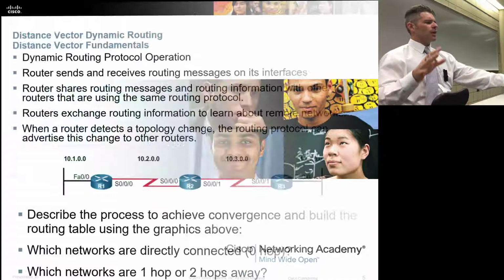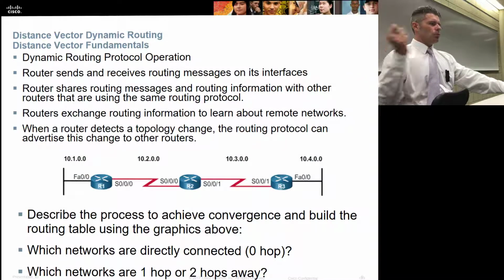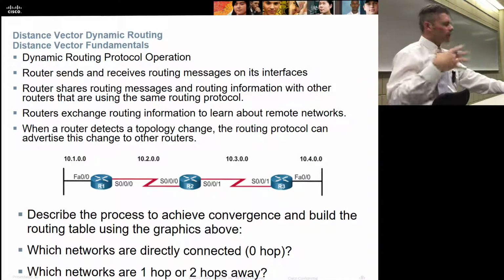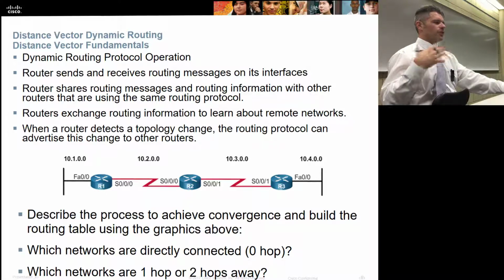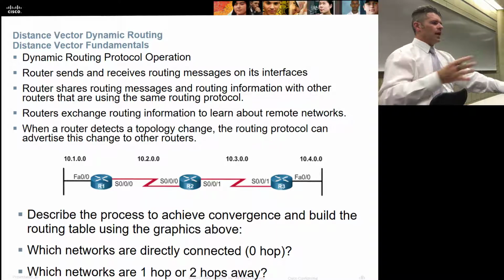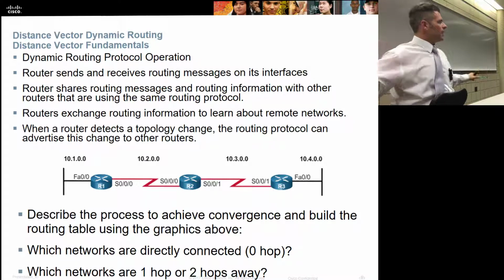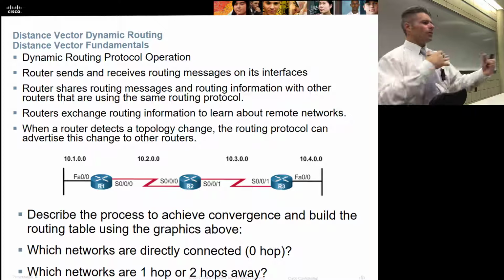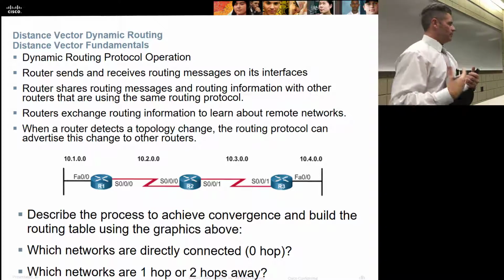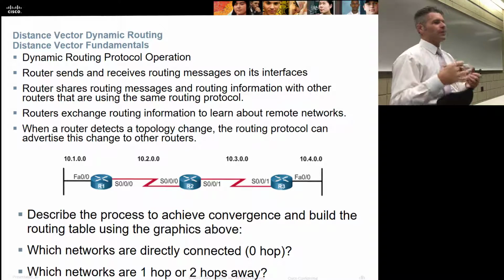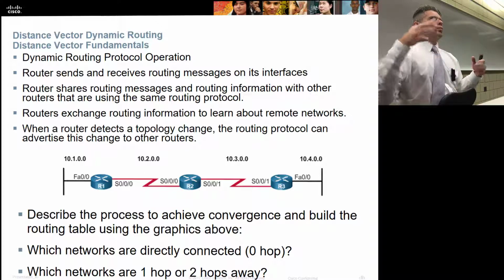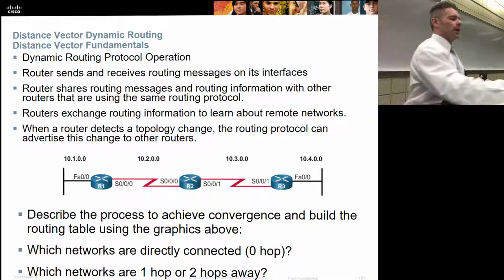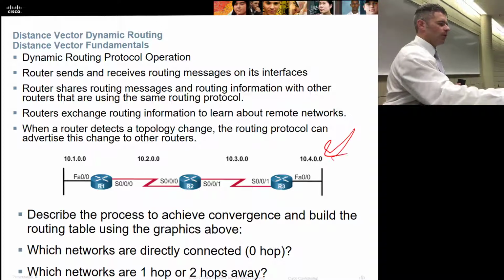So distance vector routing: like all of the routing protocols, we're going to send and receive messages on interfaces to the other routers that say, hey, I'm using this protocol, and I've got the following things going on. Those go back and forth. Again, if you're using the same routing protocol, the routers tell one another about the remote networks that they know about.